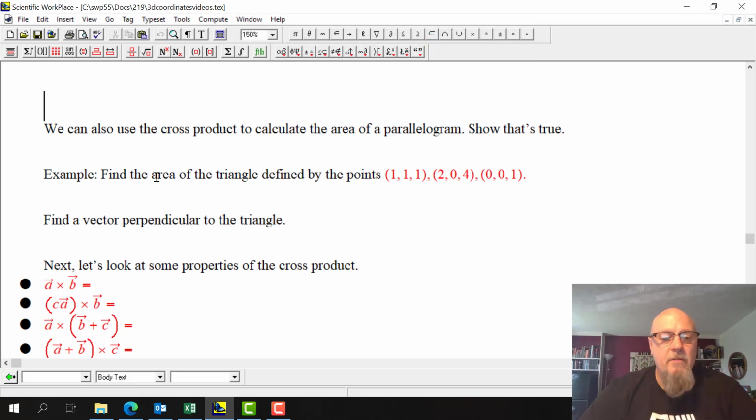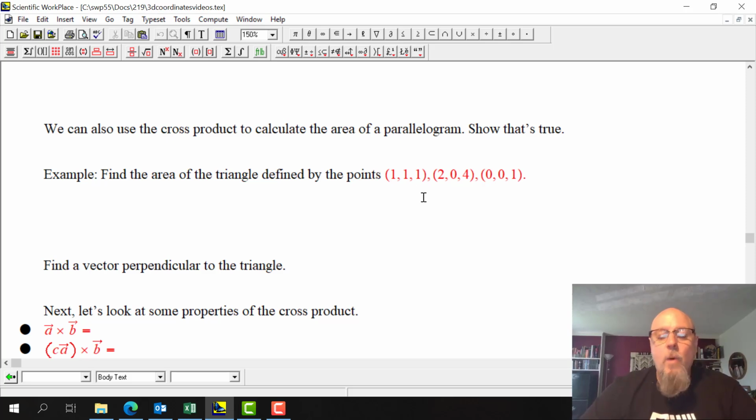Okay. Find the area of a triangle defined by the points. Oh, here's an opportunity to use our formula. But we've only got the points. So I need vectors. I need the vector that goes from this point 1, 1, 1 to the point 2, 0, 4.